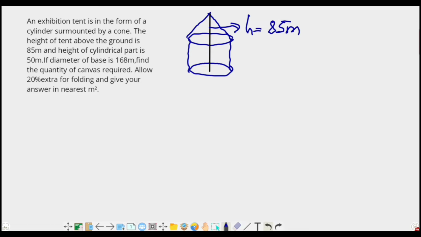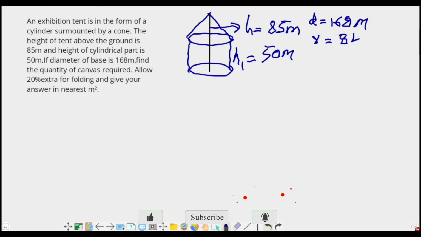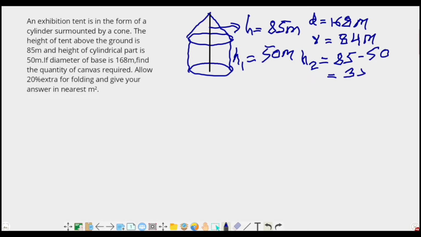The height of the cylindrical part, suppose I am considering it as H1, is 50 meter. Diameter is given as 168 meter, so your radius will be half of this, 84 meter. Now for the height of the conical part I have to subtract 50 from 85, so that height is 35 meter.